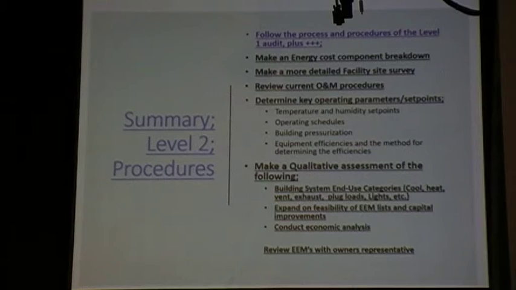But you have to give the owner, the customer, the value of the energy conservation measures that you are suggesting, how much they'll cost, how much they'll save, and roughly what their payback is as time goes on. And of course, when you're done with all that, you have to go to the owner, sit down with them. You, the qualified energy auditor, sit down with the customer and explain to them what's going on.